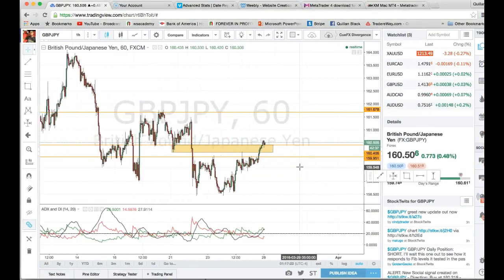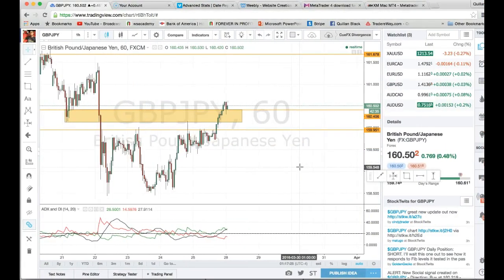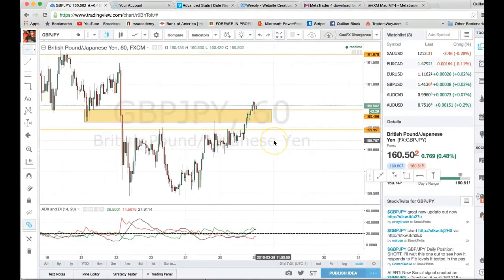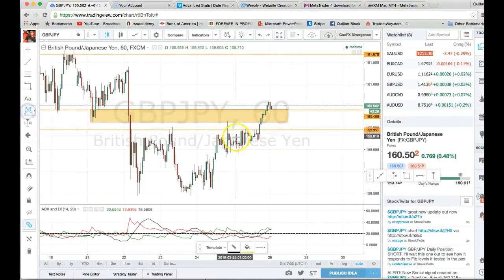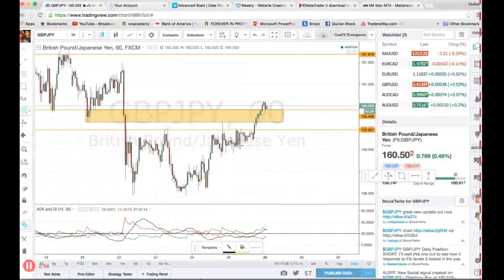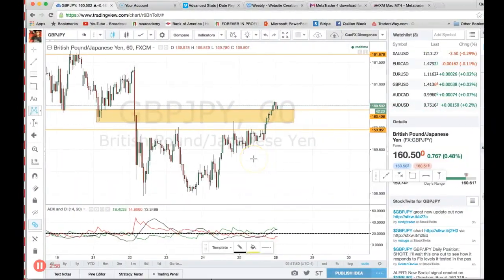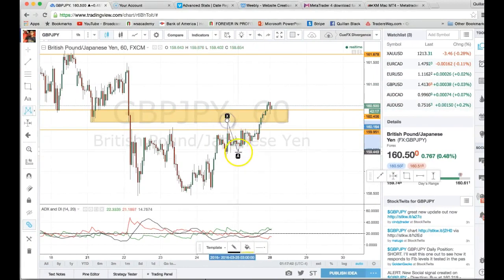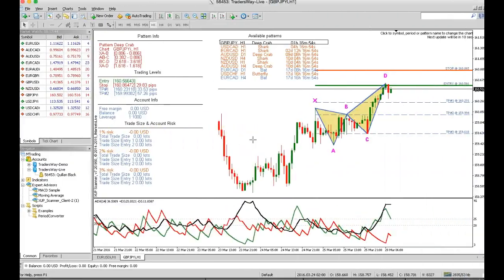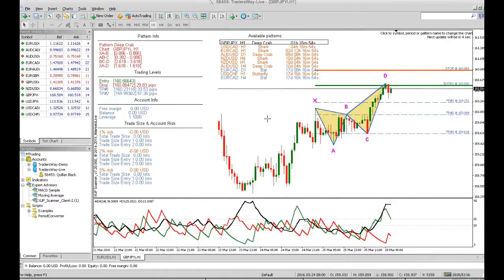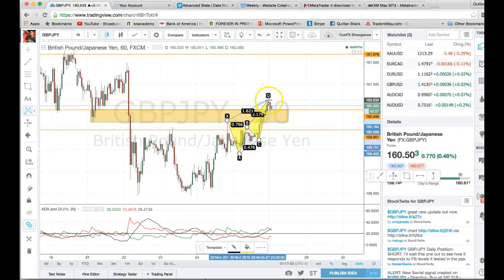So all I pretty much do is this right here. I'll show you guys one second. I see the overall setup on the charts, and I mark it up right here to make sure everything is perfect. Okay, so right here, and it stops right up there.